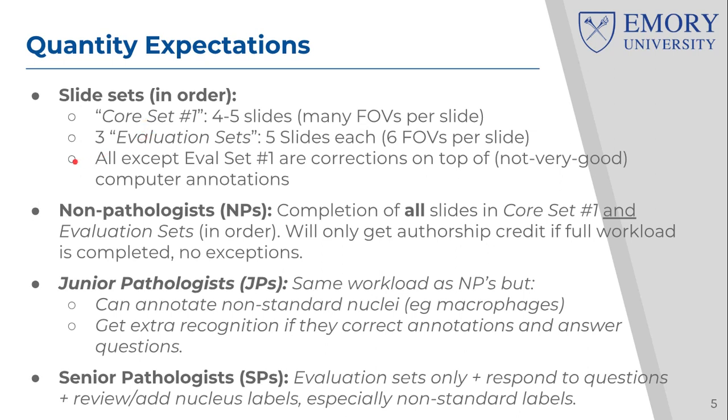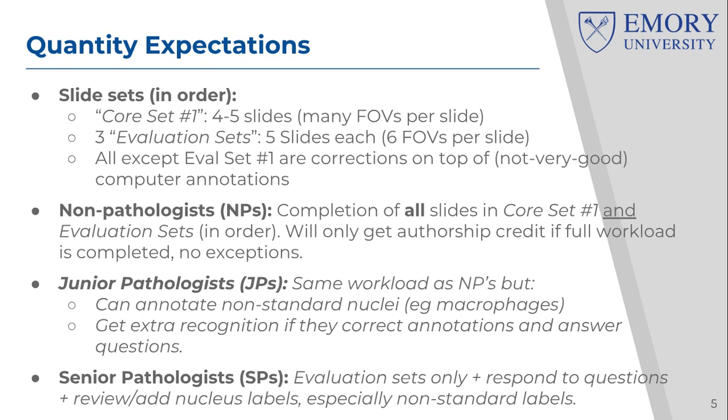Unlike the previous iteration of this project, everything except for the first evaluation set is not new annotations. They're actually going to be corrections on top of some existing computer annotations. Of course, these computer annotations are pretty bad, because if they were very good, then we wouldn't need your annotations, right?